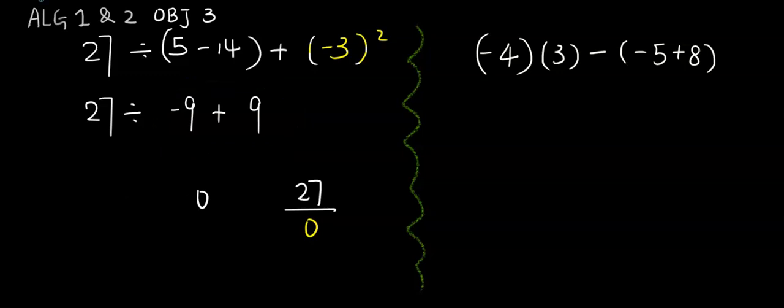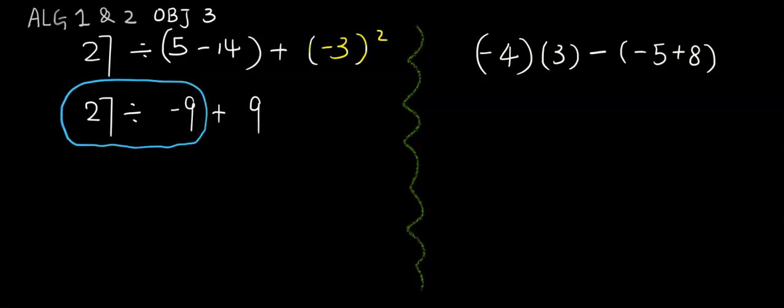Why? Because you broke the rule of order of operation. By order of operation, we should take care of the multiplication and division before we take care of addition and subtraction. Therefore, 27 divided by negative 9 gives us negative 3.